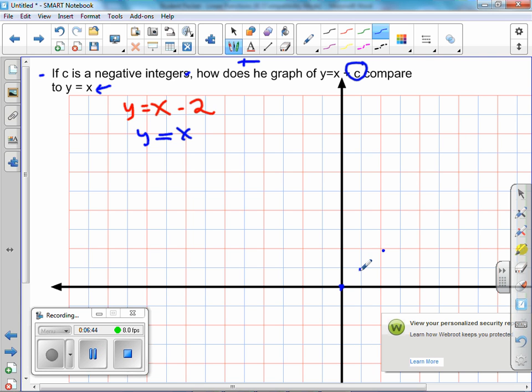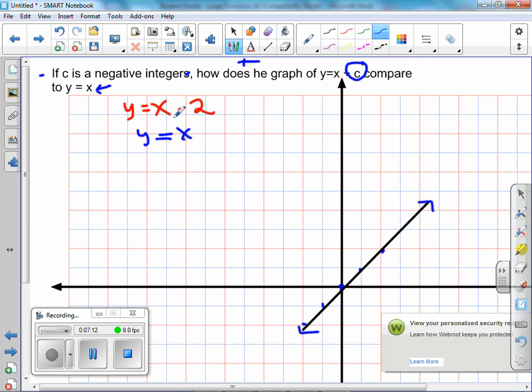So you go up 1 and over 1, up 1 and over 1. If you want to go down, you go over to the left and down. Now we can connect our line. There we go, that's the graph we're talking about. We finished with that graph, and put some arrows on the ends.